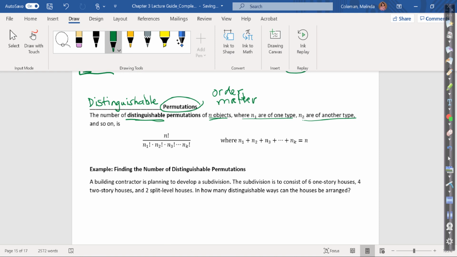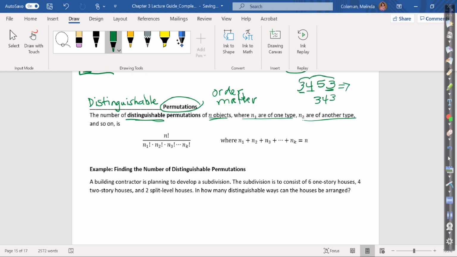So in other words, if I have the following numbers, and I want to know how many different codes I can make from this, well then 3, 4, 3 is the same as, in reverse order, 3, 4, 3.